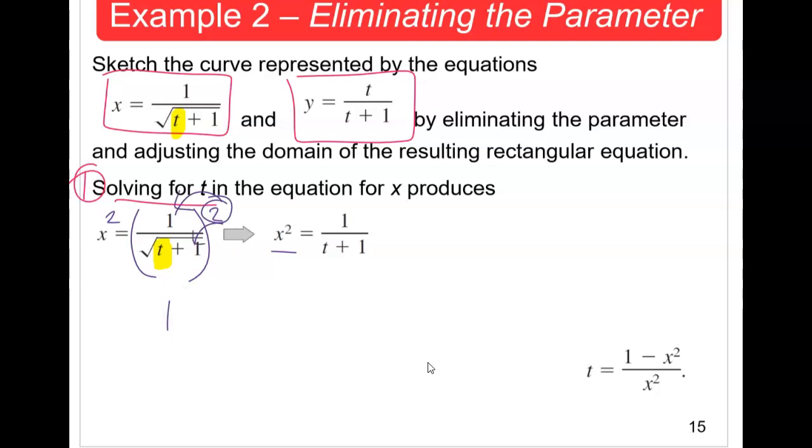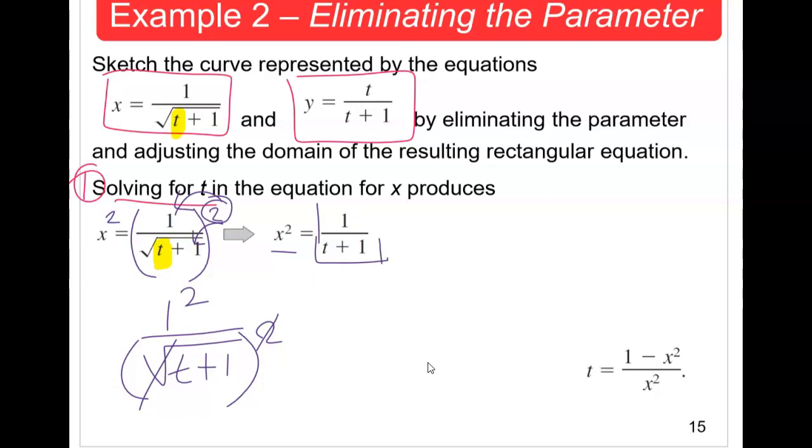So imagine you have 1 squared divided by the square root of t plus 1, and we're squaring that. If we square a square root, they cancel. So that's why we get 1 plus t. And then 1 squared is just equal to 1. So that is what we get after we square both sides of the equation.